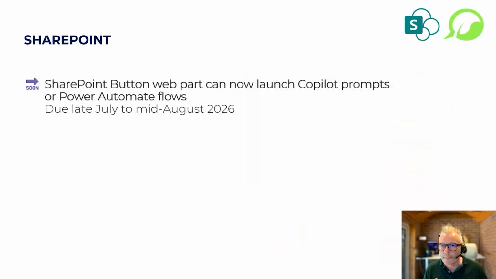I think that's got massive potential. I think this looks fantastic. I haven't really done it justice. I might revisit this next month once it's working and maybe show it to you. But just keep an eye on that one. The SharePoint button web part is about to get superpowers.